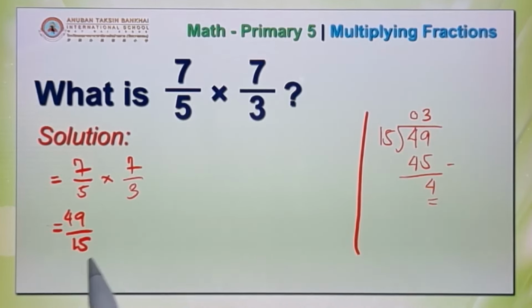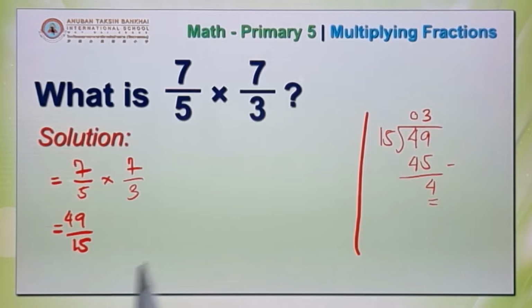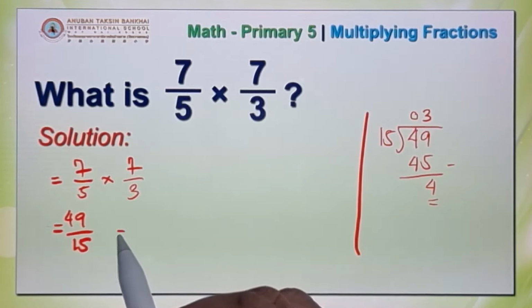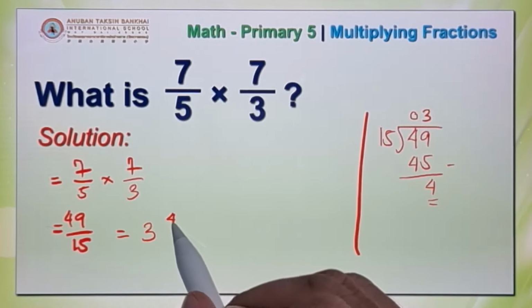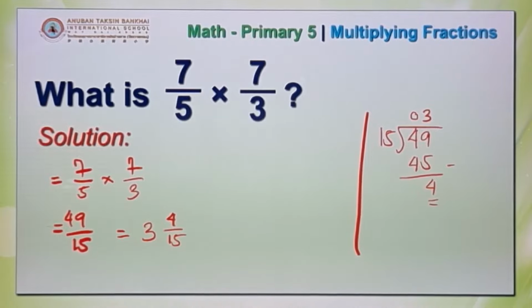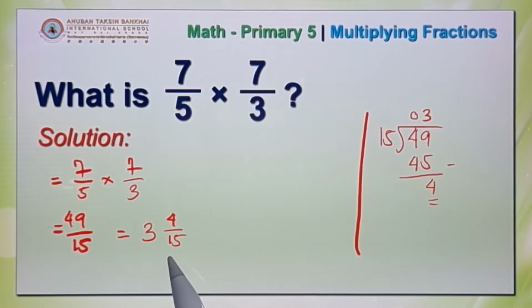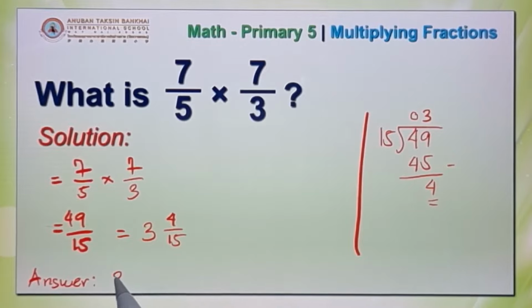So therefore, we can convert this into a mixed number as we have 3 and 4 over 15. Can we still simplify this? No, we cannot simplify. So our final answer, we have 3 and 4 over 15.